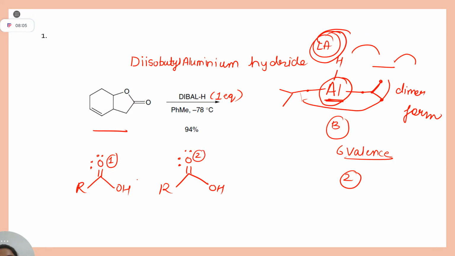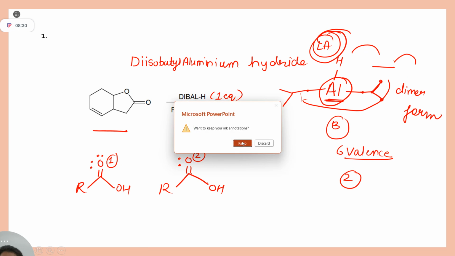And why? Which oxygen is more ready to donate to aluminium? Which can easily donate its lone pair? Not donate, or we can say coordinate. Any guesses among 1 and 2? I hope you are not writing in the comment box because I can't see that.